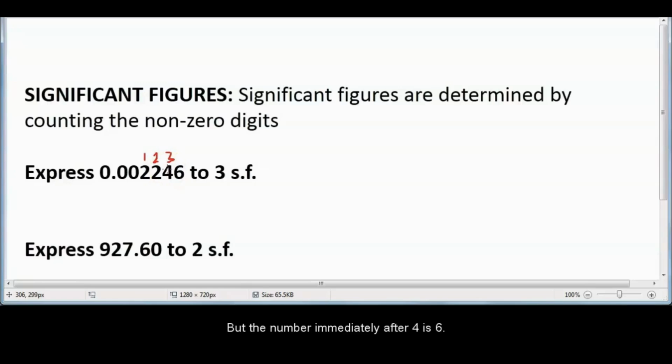But the number immediately after 4 is 6, and 6 is greater than 5. So this has to be rounded up to 1 and added to 4. So 0.002246 to 3 significant figures will be the same thing as 0.00225.